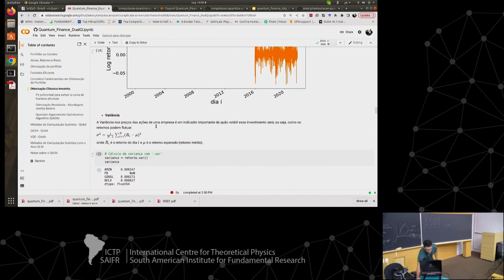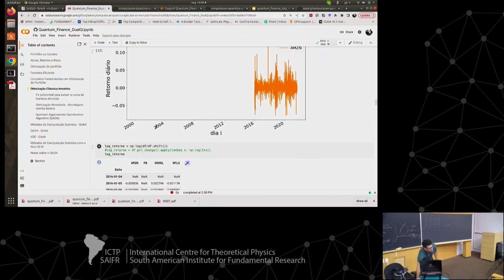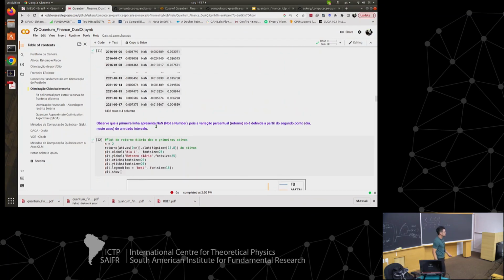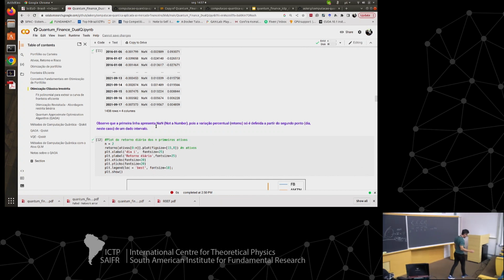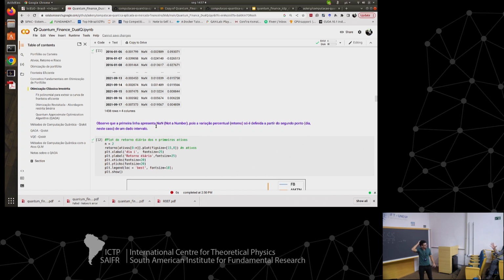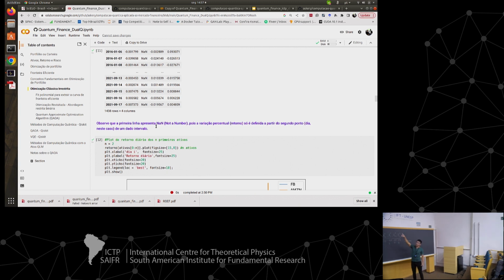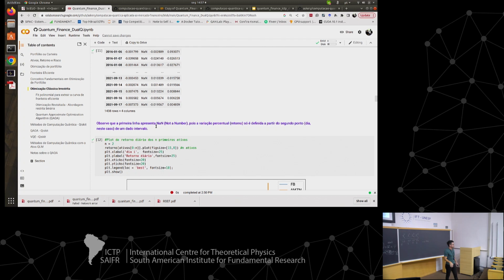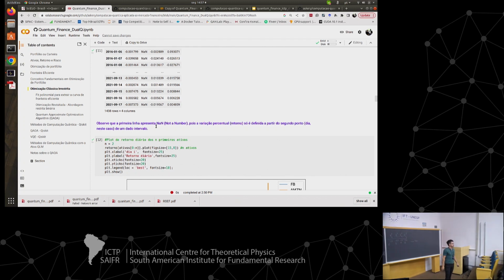But in QAOA, how does the number of qubits scale with the number of stocks? I think this is a trick question. It's linear in the number of assets.